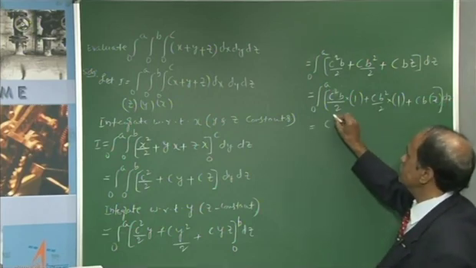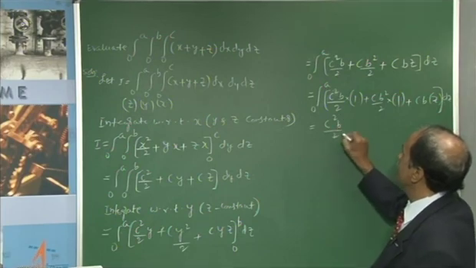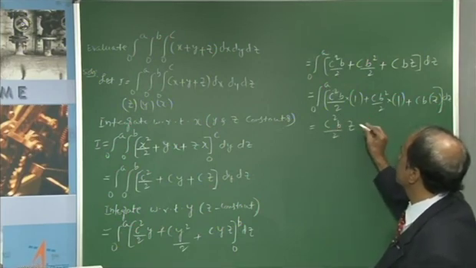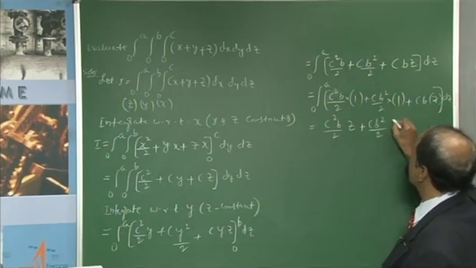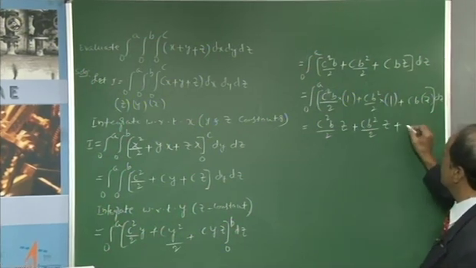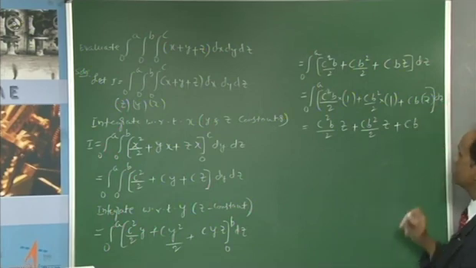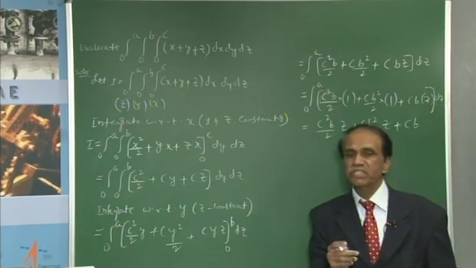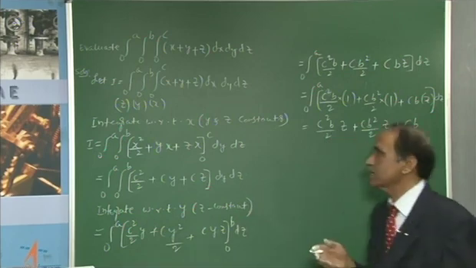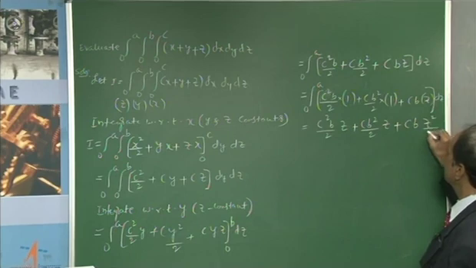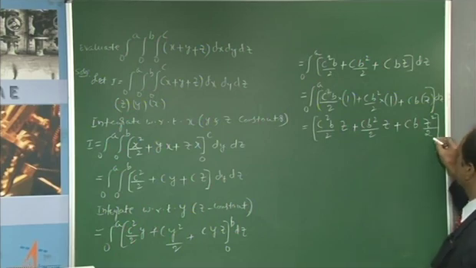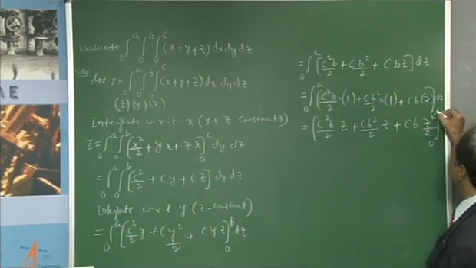Finally, c square b by 2 into z, plus c into b square divided by 2 into z, plus c b. Here z is there; in the other two terms z was not there, but here z is there, so integration with respect to z is z square divided by 2. Now the limits given for z are 0 to a.